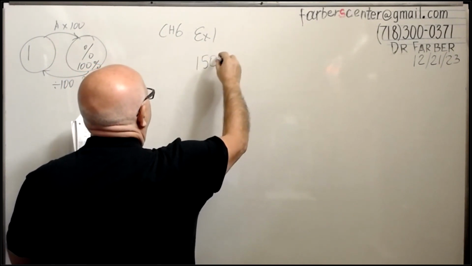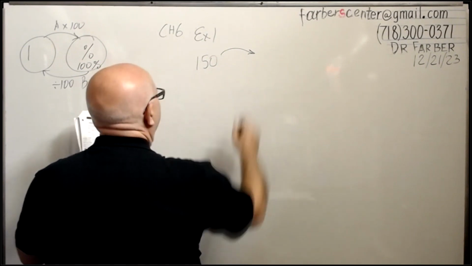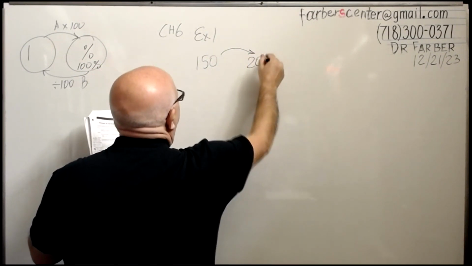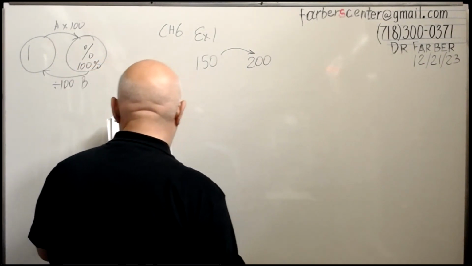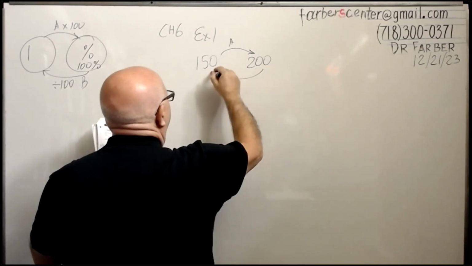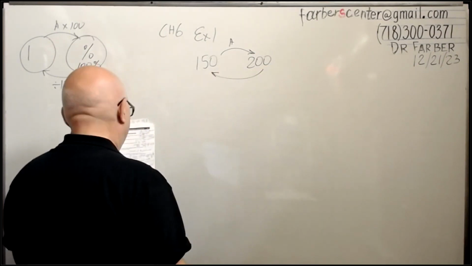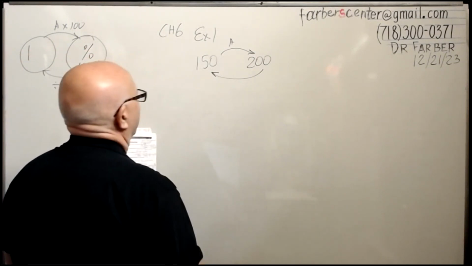Let's make this diagram. This is branch A. Now after the holiday they want to return to the original amount. This is B.